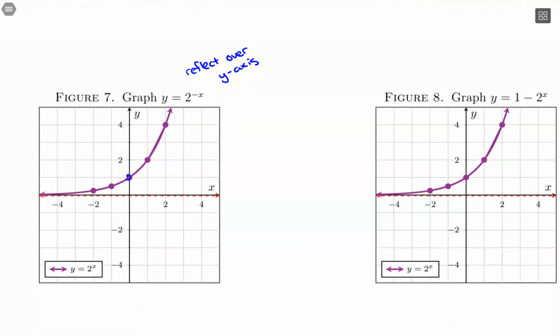So (0, 1) is going to stay put, but where I had (-1, 1/2), now I'm going to have (1, 1/2). And where I had (-2, 1/4), now I have (2, 1/4). And where I had (1, 2), now it'll be (-1, 2). And (2, 4) will now be (-2, 4). So, and just connect those dots, and the asymptote didn't move at all.